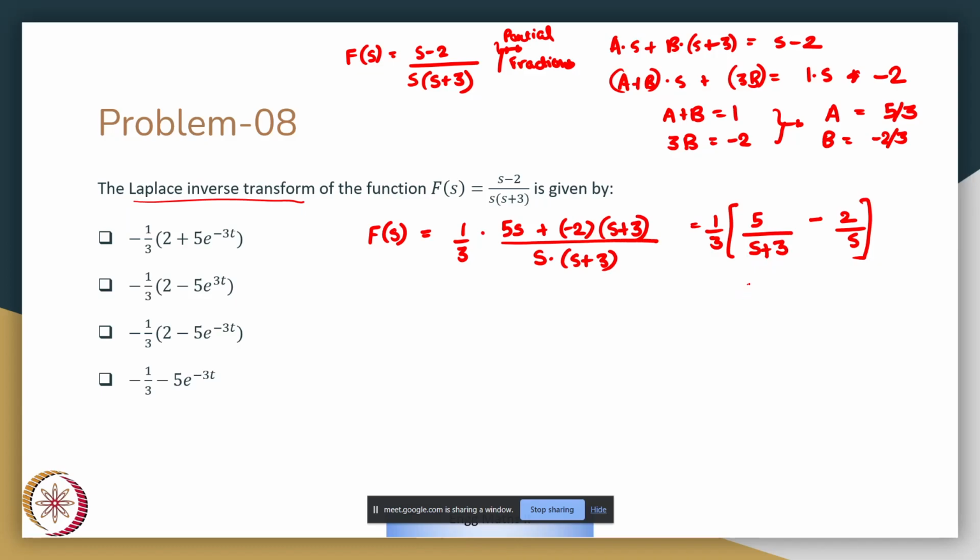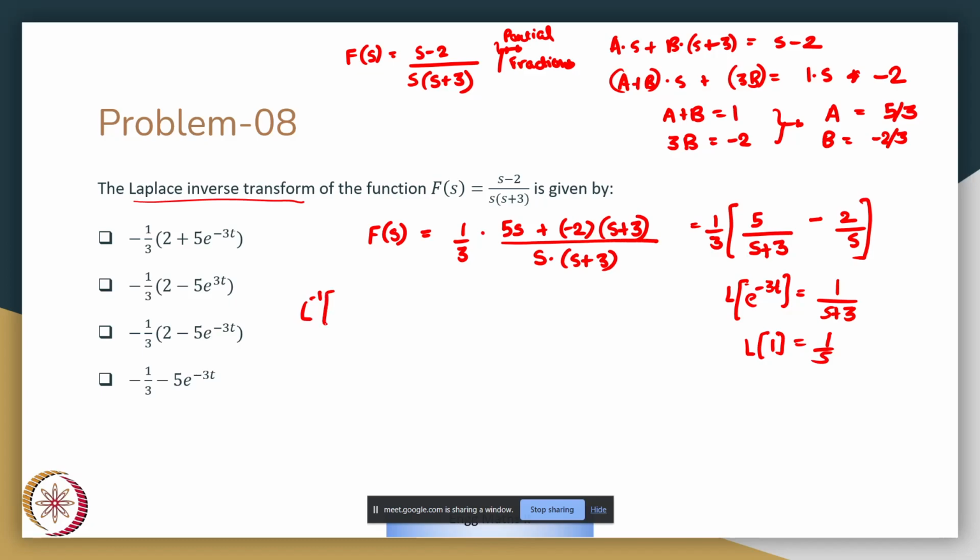Again, we know that the Laplace transform of e raised to minus 3t would be 1 upon s plus 3, and the Laplace transform of 1 equals 1 by s.